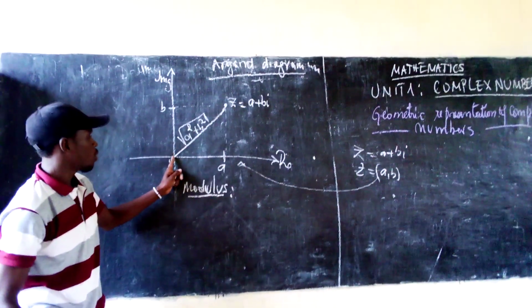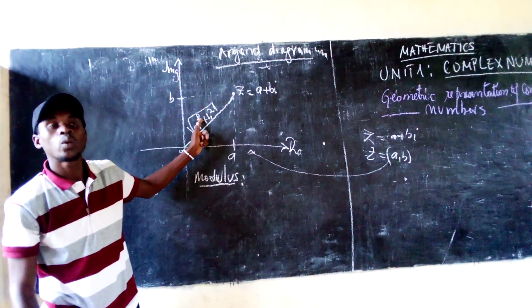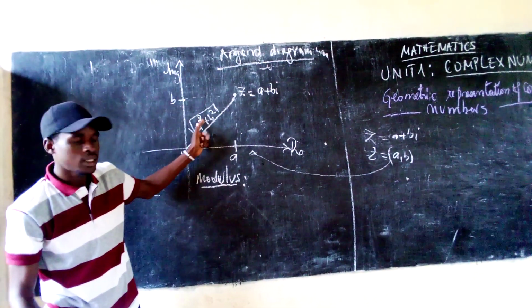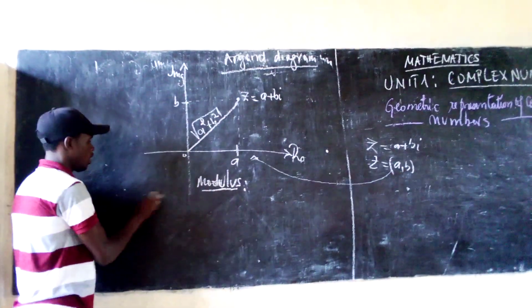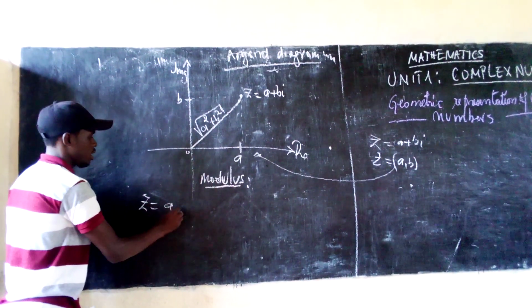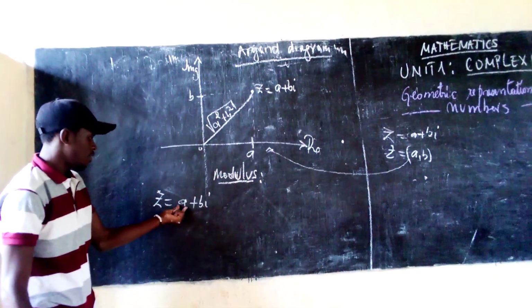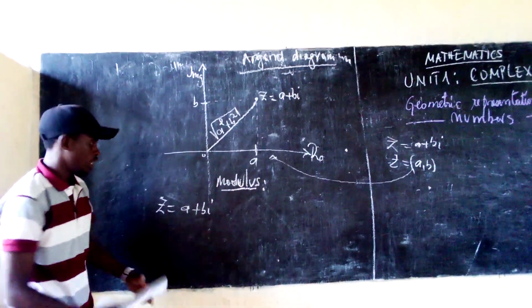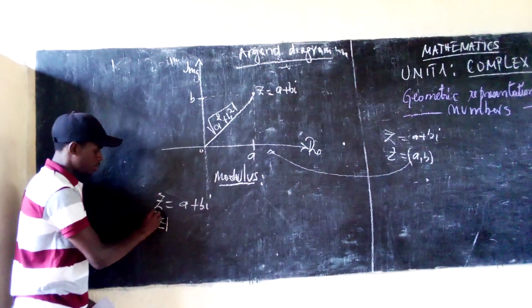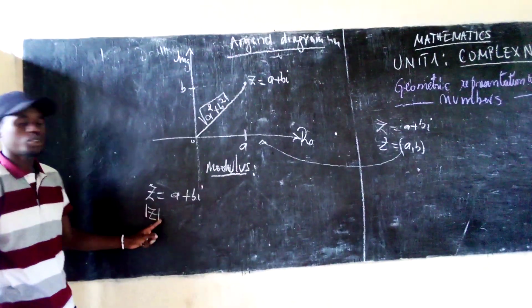The distance from the origin to this point is what we shall call the modulus. So, for instance, if we have a complex number of this form, we shall have the real part and the imaginary part. The modulus can be denoted by the magnitude, because magnitude is also the distance.